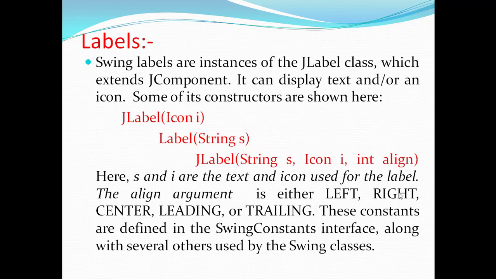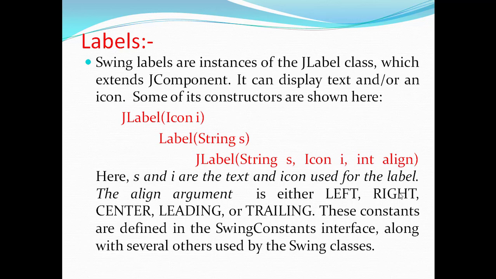Next is the labels. A label is an informative control, a passive control, which can't do any task, but it gives information to the user. Labels in Swing are instances of the JLabel class, which extends JComponent. The meaning of this is that JComponent is the superclass for Swing components, such as the label.